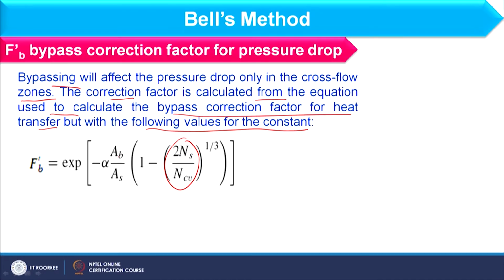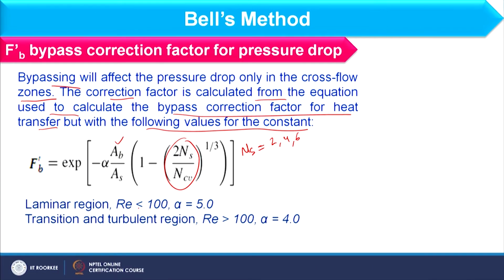All these parameters you know, and whatever Ns you have fixed in the heat transfer coefficient calculation, let us say that may be 2, 4 or 6, because these numbers you have already fixed when you obtained Fb more than 0.85, if you remember. So, whatever sealing strips you have fixed there, the same sealing strips you can use here directly.